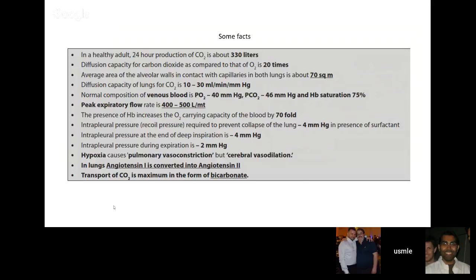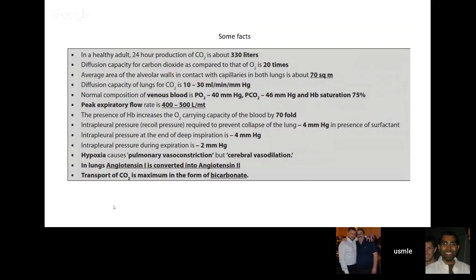Exactly. So if you have this value changing, if you have pneumothorax, obviously the pressure is going to be higher. What does it mean? It means that your lung is going to collapse. So this is why the intrapleural pressure is a very important pressure. The constant value is -4 millimeter mercury, which you need to know, if you have surfactant.